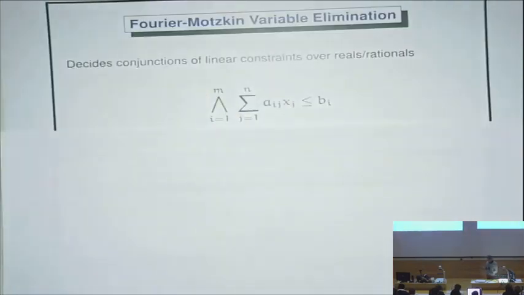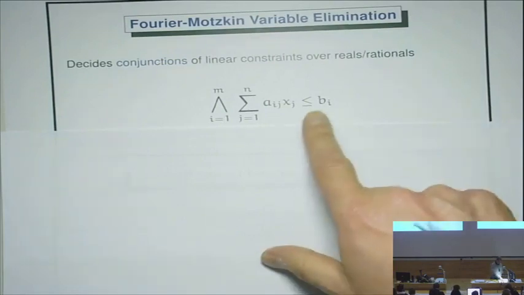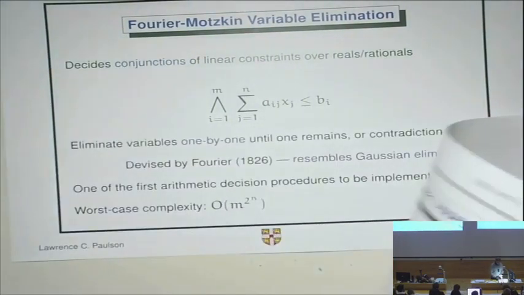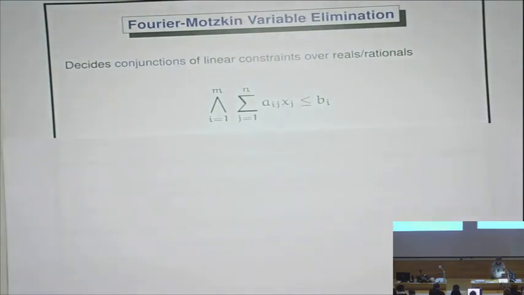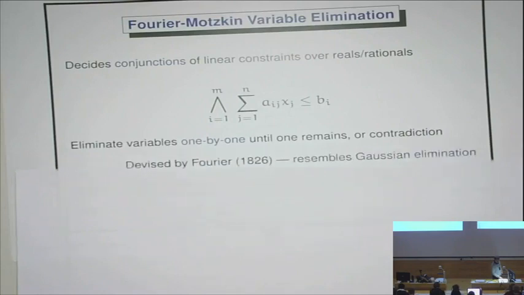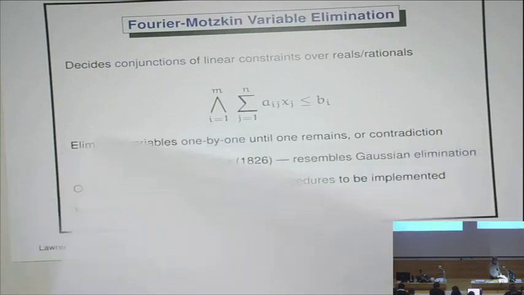So we are going to try and decide these conjunctions of inequalities. Now, to keep it super simple, I'm only allowing less than or equal here. And the idea, just as I said, with a system of linear equations, you can subtract the one from another and eliminate the variables. That's exactly how this one is going to work.